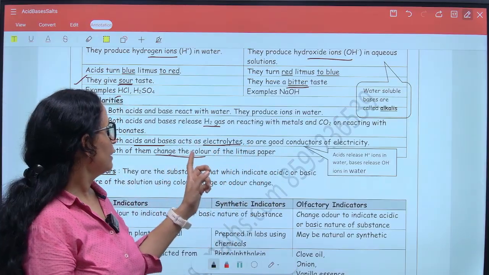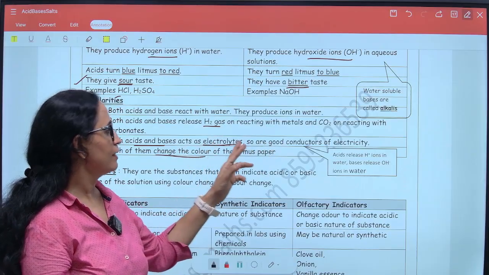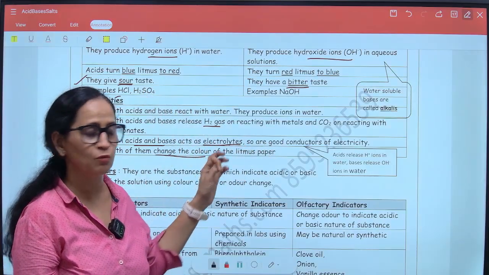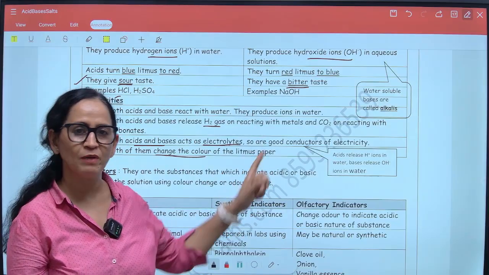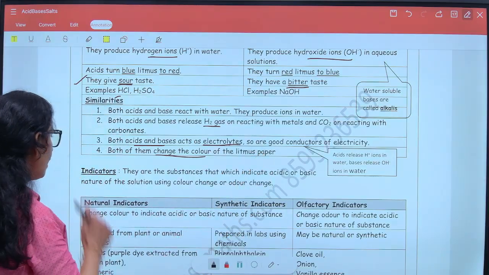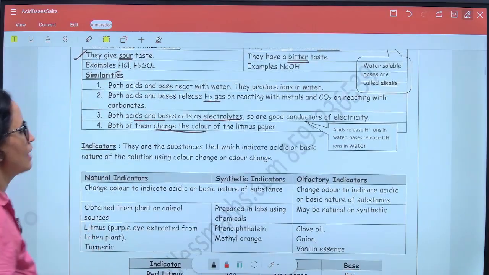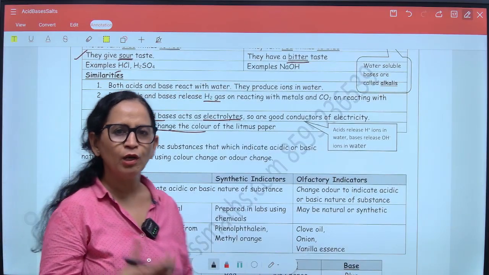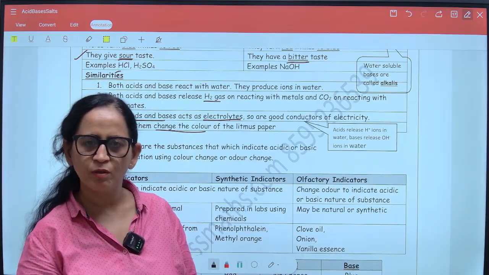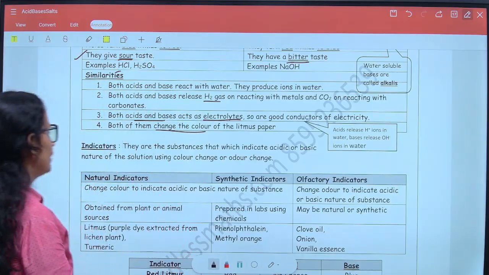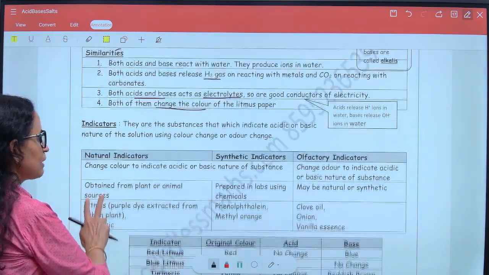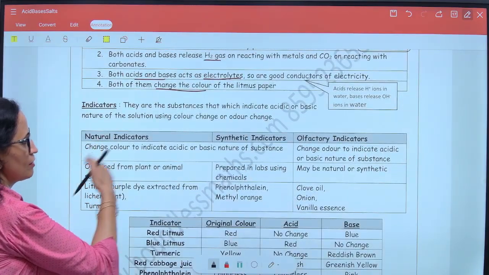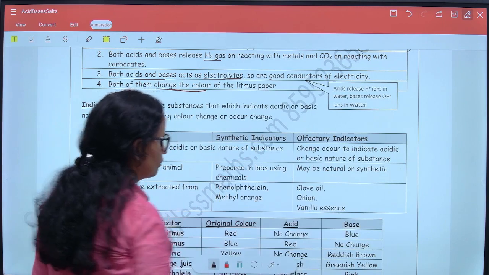So when they are acting as electrolytes, acids release H plus ions in water, whereas bases release OH minus ions in water. Now there are certain substances that can be used to find out whether a given substance is acidic or basic in nature. These are called indicators. There are three types of indicators: natural indicators, synthetic indicators and olfactory indicators.